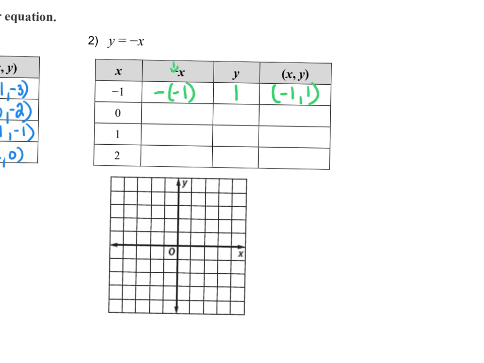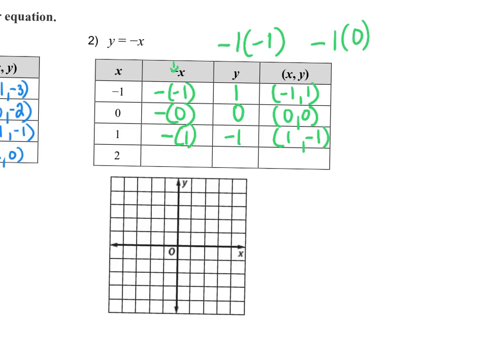Okay, the next point, we're going to do negative and then put the 0. Well, is there a negative 0? No, 0 is just 0. So our point is (0, 0). Okay, and then we have negative 1, so it's really going to be negative 1. So our point here is (1, -1).